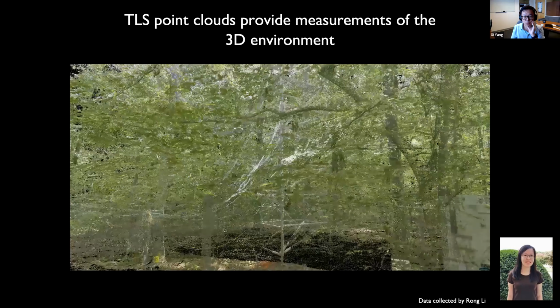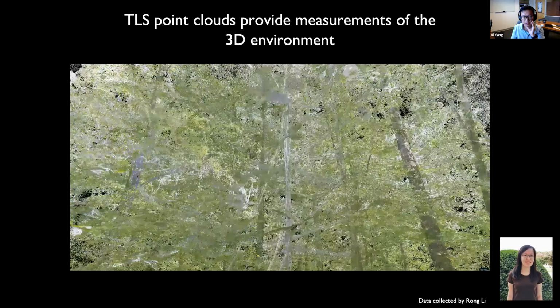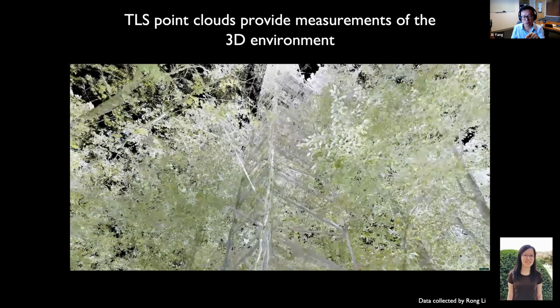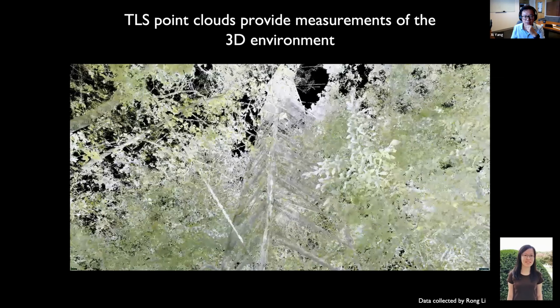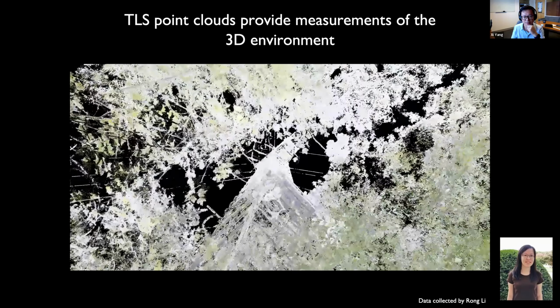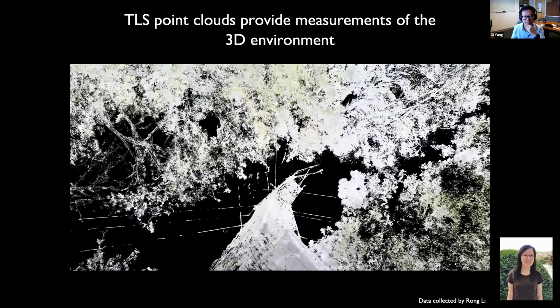The instrument we're using is from Leica, and the uncertainty at 10-meter distance is about 4 millimeters, and the beam divergence is about 0.5 milliradian. So it's a pretty accurate data set.